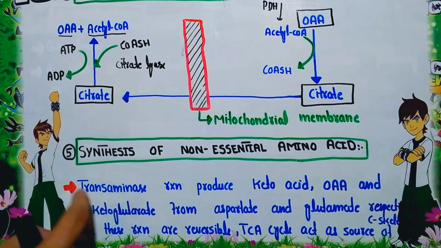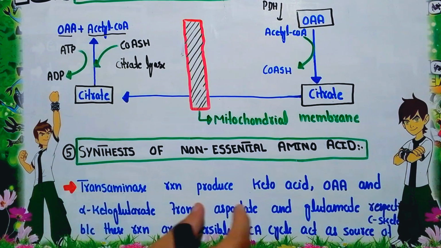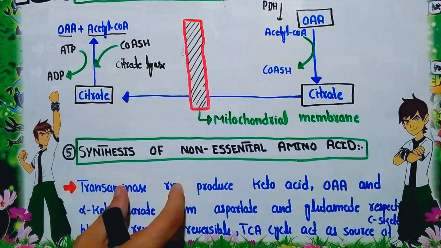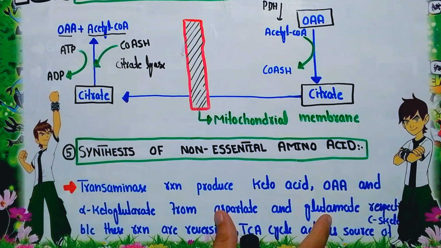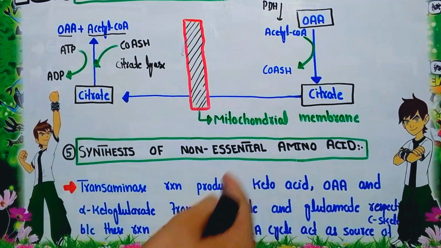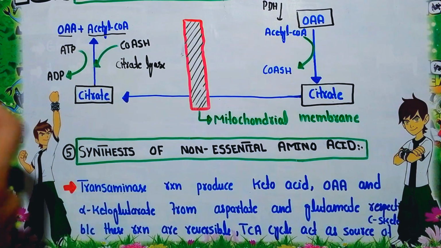They are mainly formed from the amino acids aspartate and glutamate, when the transaminase enzyme acts on these amino acids. These reactions are reversible, so they can be converted back into each other.